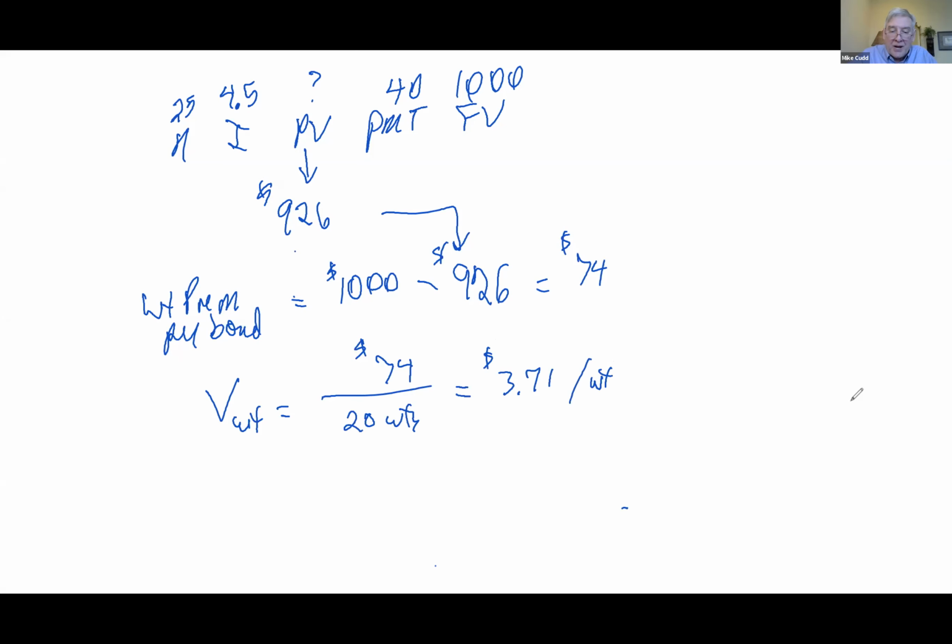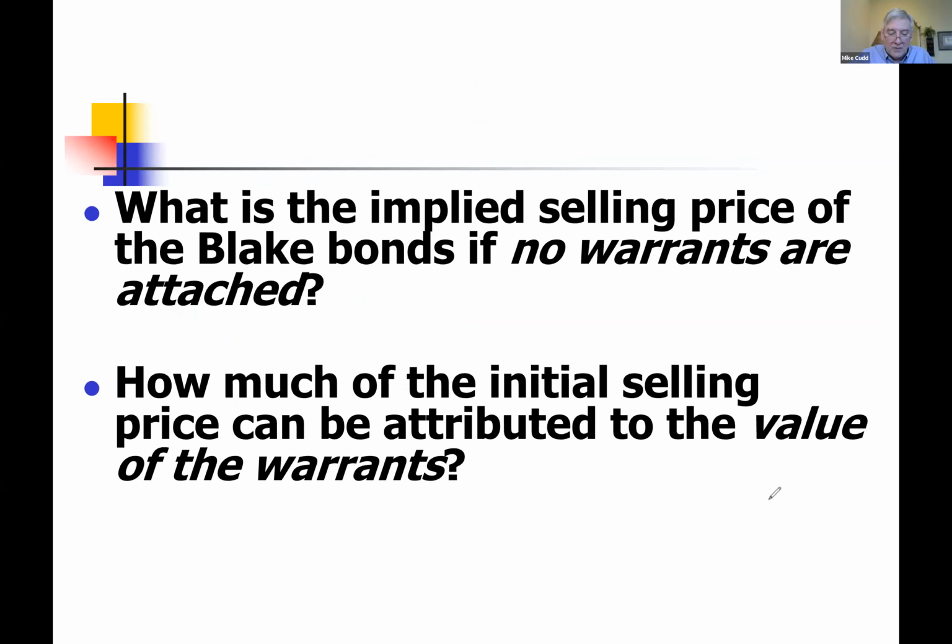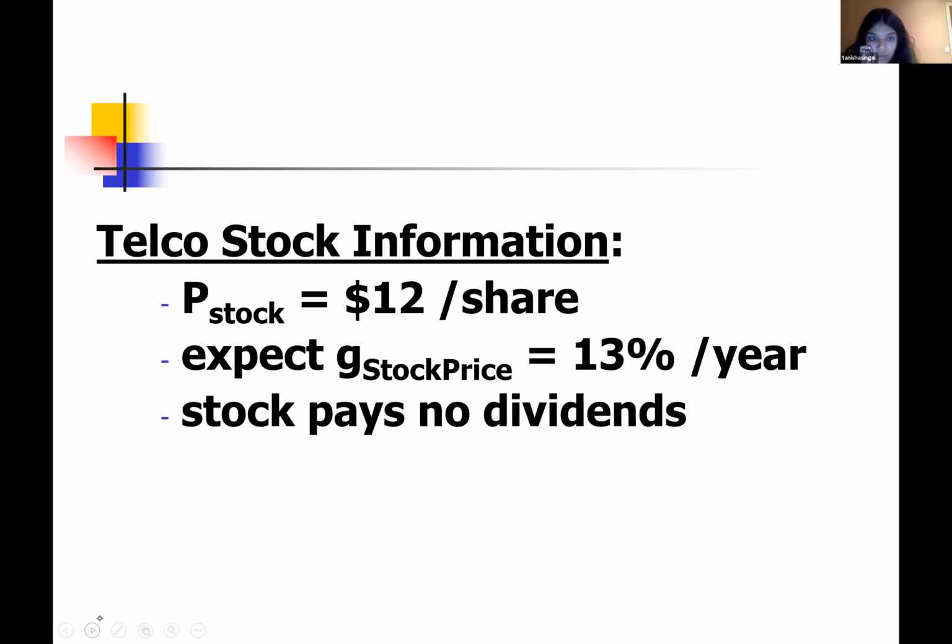Now, another step in this process is to look at the stock. Right now, those warrants are not worth exercising. You would have to pay $15 a share for the stock if you buy it from the company. Right now, the stock is trading at $12, which is lower than 15.